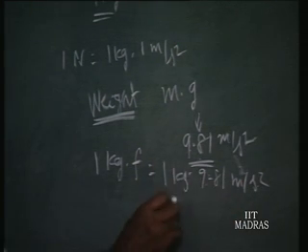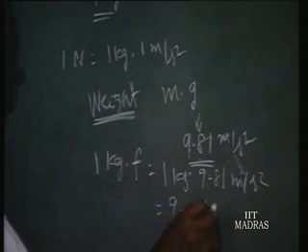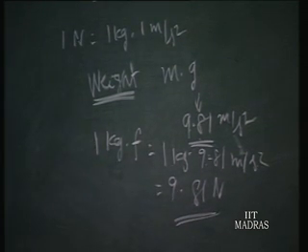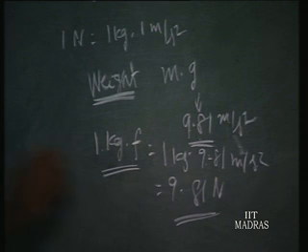So 1 kilogram force equals 9.81 Newton. That is the relation between 1 kilogram force and the Newton. So people at different places can go for the 1 kilogram weight itself as the standard for force, because kilogram force and Newton can be related by this relation.